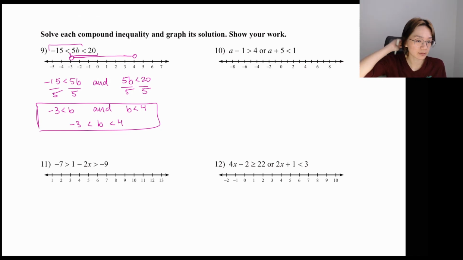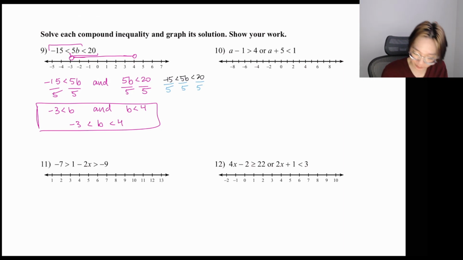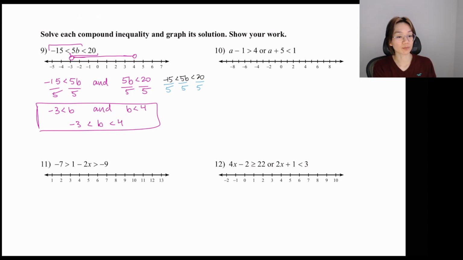If you remember from the lesson, there is an even faster way to do this if you wanted to. If you have negative 15 less than 5b less than 20, you could just, let's do some blue, divide everything by 5. So long as you remember you're dividing everything. Not only, because whenever I say do the same thing to both sides, it's both sides of the symbol.